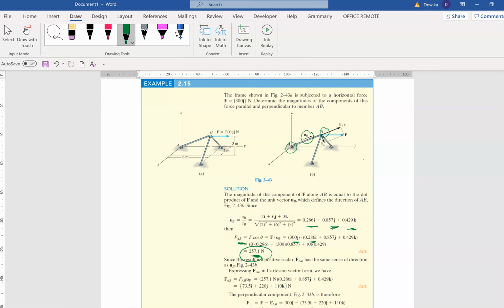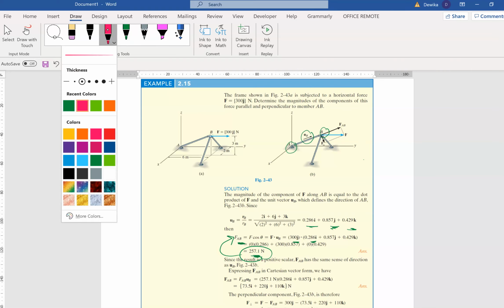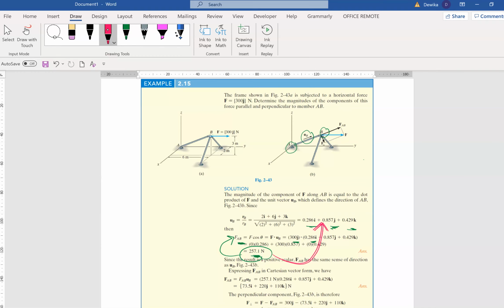It only tells the magnitude of force AB. It doesn't tell the vector. So you need to take the 257.1 and multiply it with each unit vector, giving you this final answer.